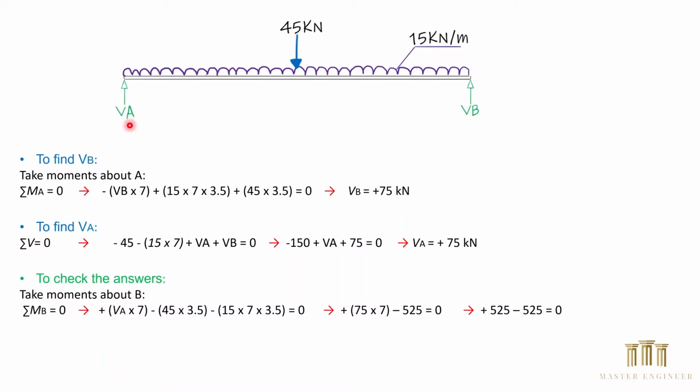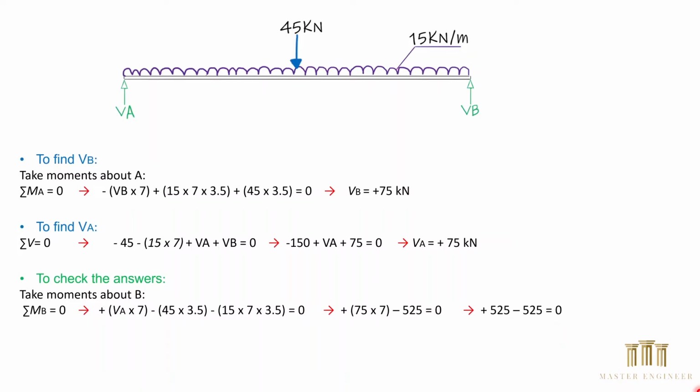We have positive VA acting clockwise, multiplied by the total length, 7 meters, negative 45 kilonewton, acting anti-clockwise, multiplied by half of the length, 3.5, negative UDL value, which is 15 kilonewton, acting at every 1 meter on the beam, which is 7 meters, multiplied by half of the 7 meters, 3.5, equals 0. If you plug all these values into the calculator, we can see that our answers are correct.